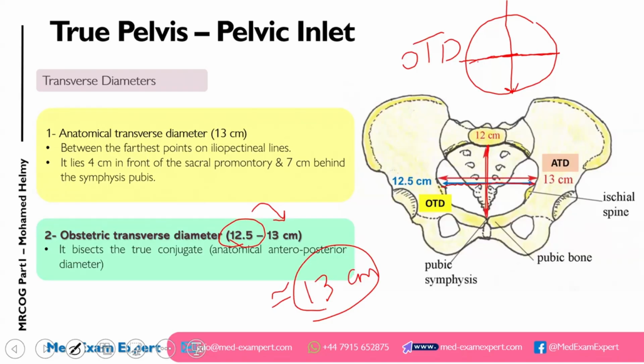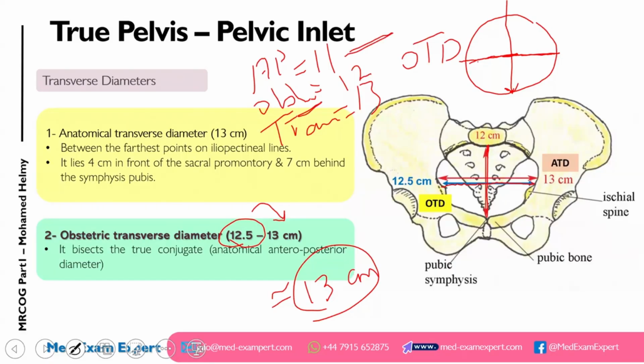So now we have two numbers. Anteroposterior obstetric, we said it's 11, and transverse obstetric, we measure as 13. So by guessing, the oblique diameter will be 12, and it will be easy to remember like that: anteroposterior 11, oblique 12, transverse 13. 11, 12, 13.